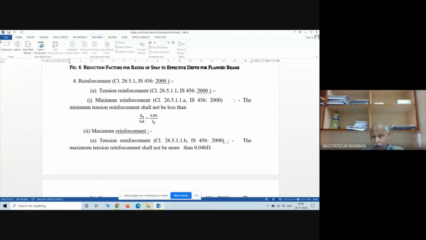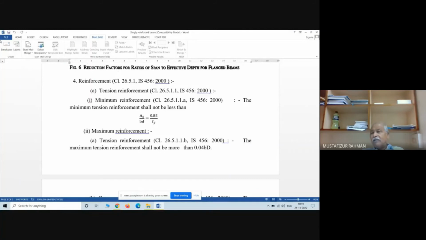So to resist whatever probable tension, we have to provide some amount of steel, as you will see when we solve the problem. This is the first condition: there should be a minimum amount of steel. Ast minimum is equal to 0.85 bd divided by fy.